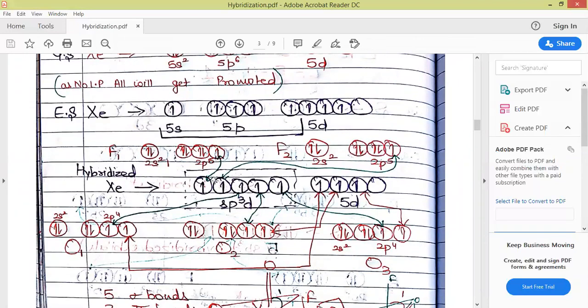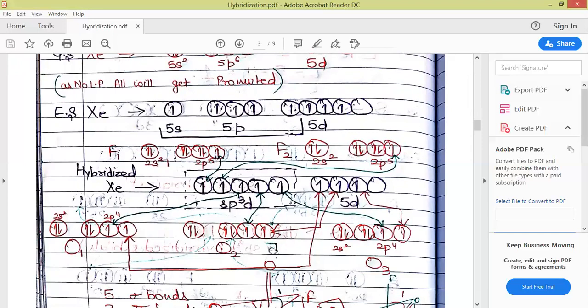This is xenon. Here we have promoted all the electrons. Now all the orbitals are singly occupied, and these 5 orbitals, that is 1s, 3p and 1d orbital, have undergone hybridization, and formation of sp3d hybridized orbitals takes place.